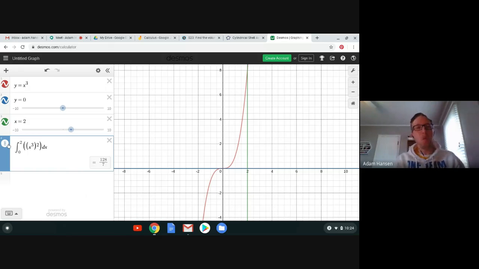Yep, 128 divided by 7. Don't forget, because we're using disk washer, we're not putting a 2 out in front. We're using pi r squared volume rather than 2 pi r h for shell method. We're rotating the volume rather than the surface area.